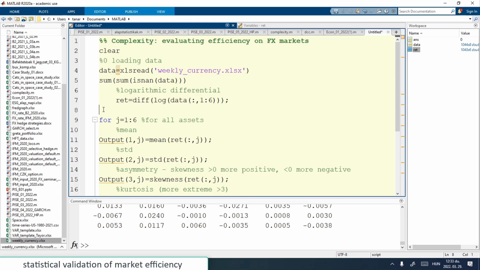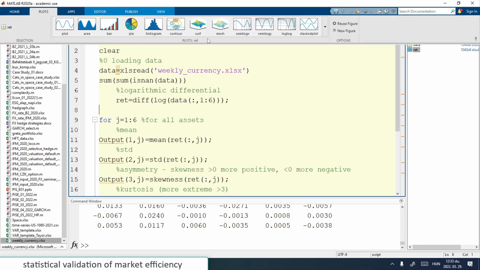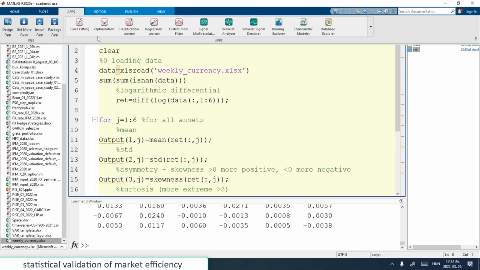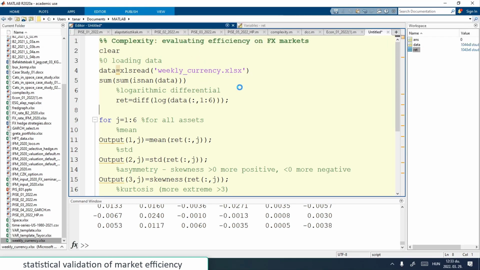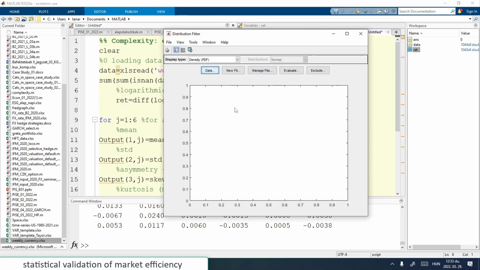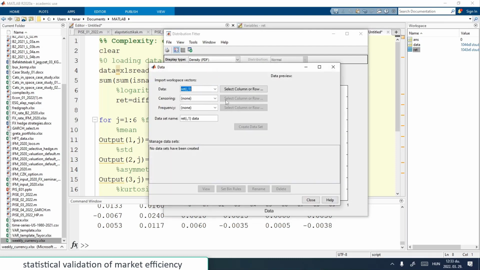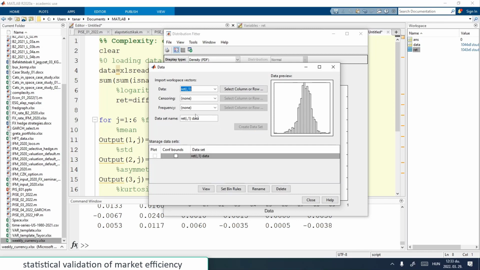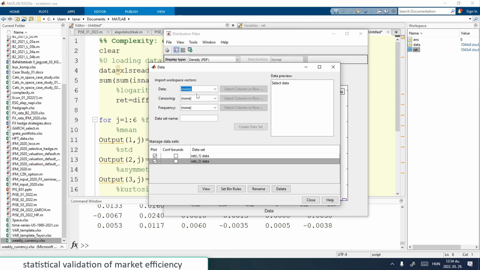One more thing: we have this fancy application called Distribution Fitter. I used it last week. Okay, create data set. I would like to have a fit all together.